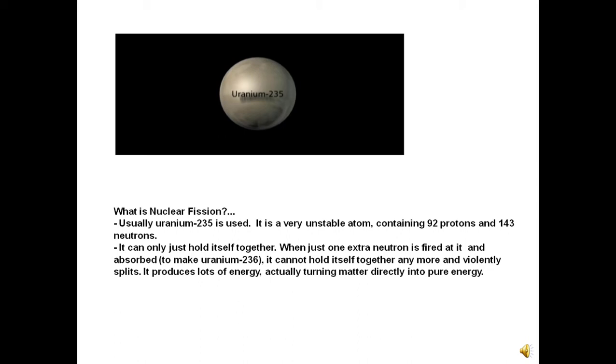Those neutrons could go on to be absorbed by other uranium nuclei, and so one fission could lead to two fissions, could lead to four fissions, and so the reaction can accelerate, a chain reaction, and that makes a bomb. So we need to control that in our nuclear power stations.